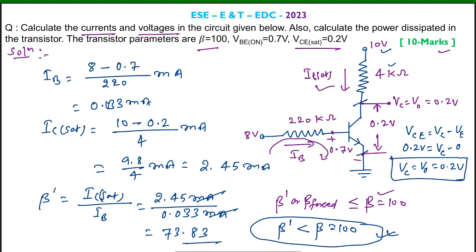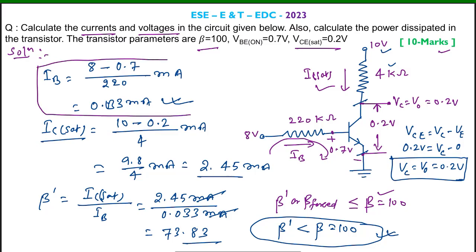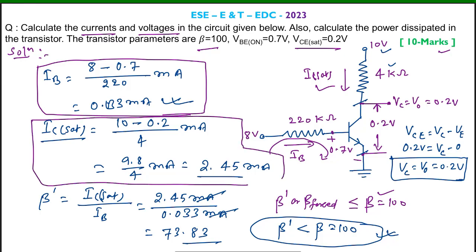Then by solving the input side we got the IB value as 0.033 milliampere, and IC sat equal to 2.45 milliampere. These are all the currents they asked for in the question, and the condition we assumed is justified.